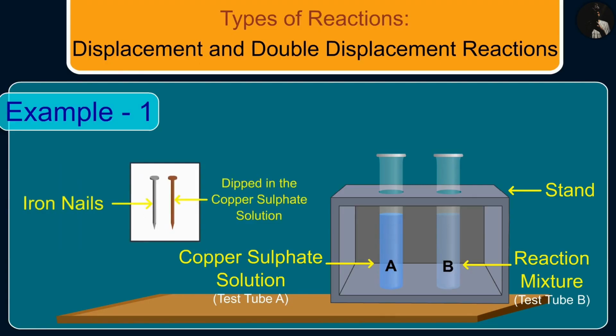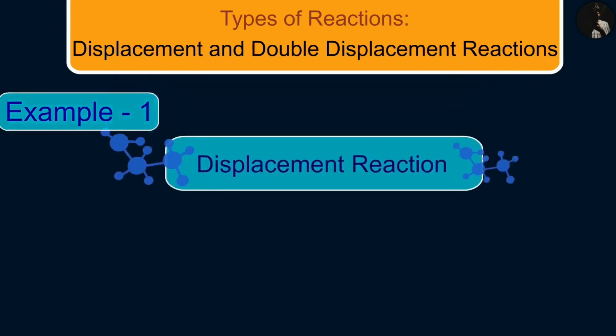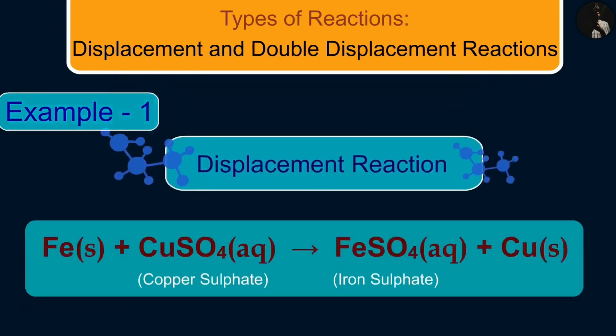Now, we can observe that the blue color of the copper sulfate solution has faded and the iron nail has turned into a brownish color. The reaction that took place was: iron reacted with copper sulfate solution, and as iron is more reactive than copper, it displaced the copper from copper sulfate and formed iron sulfate and copper.